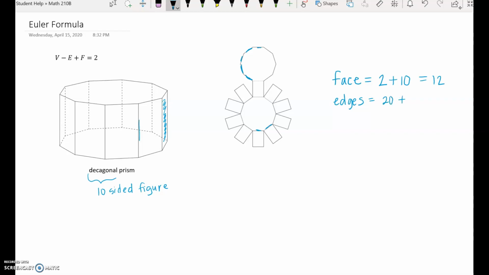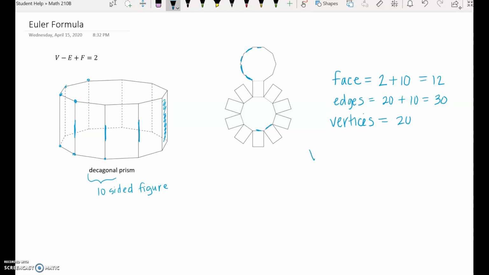And then I've got all of these edges along the side, and there are going to be 10 of those. So it looks like I've got 30 of those. And then as far as the vertices are concerned, I'm going to have 10 vertices along the top, and then I'm also going to have 10 vertices along the bottom. So I think I'm going to have a total of 20.